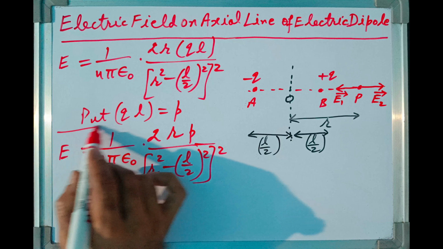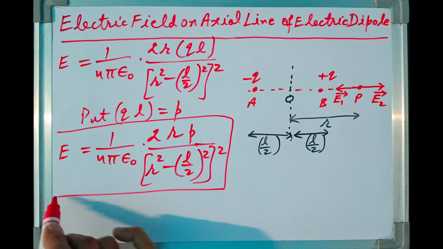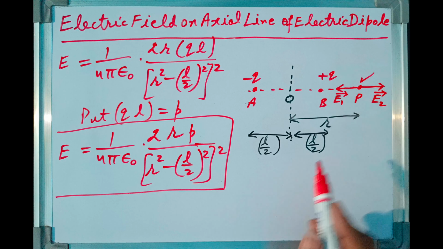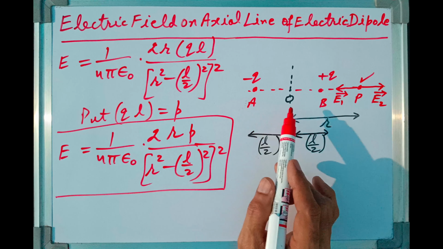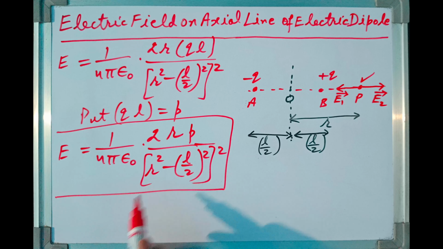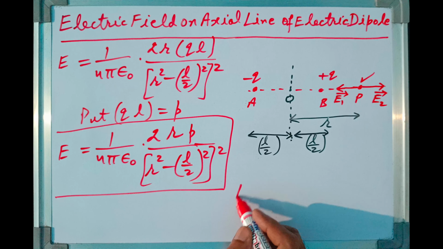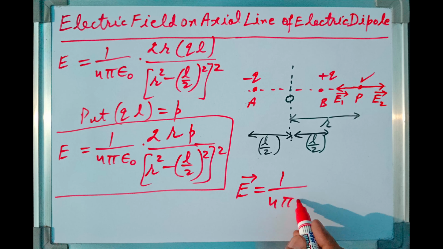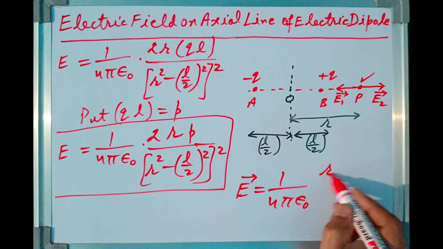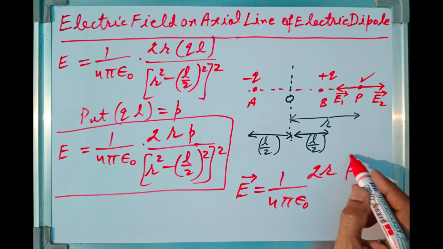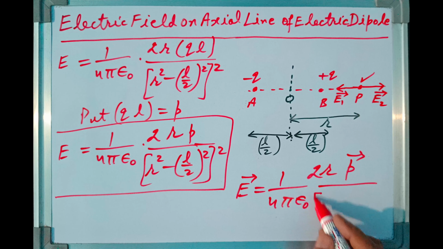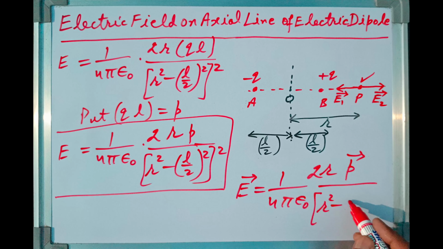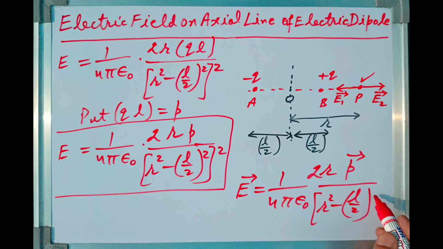This is the expression for electric field at point P due to the electric dipole. I can write in vector form this relation as E vector is equal to 1 over 4 pi epsilon naught 2 r p vector divided by r square minus L by 2 square whole square.